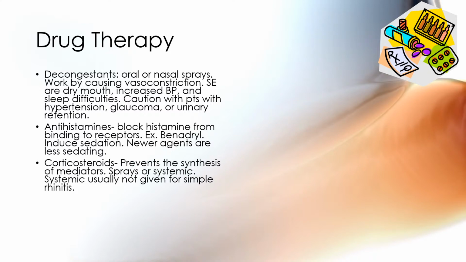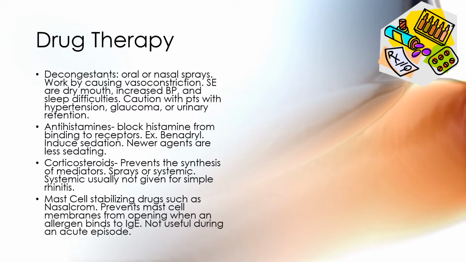Corticosteroids prevent the synthesis of mediators. Mast cell stabilizing drugs prevent mast cell membranes from opening when an allergen binds to the immunoglobulin E. Then we have the leukotriene antagonist, and it prevents leukotriene synthesis.